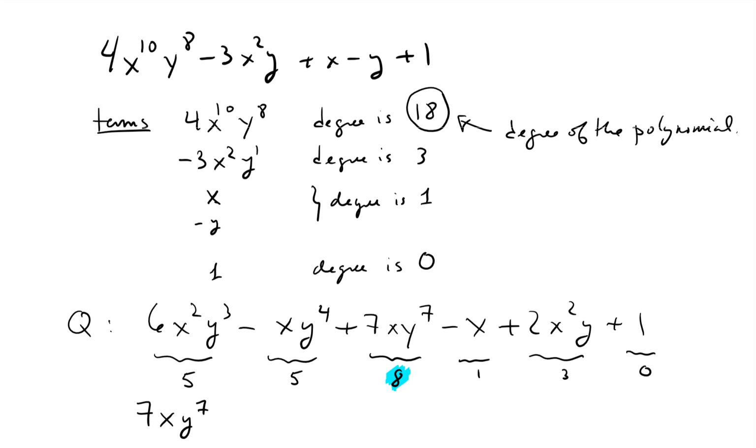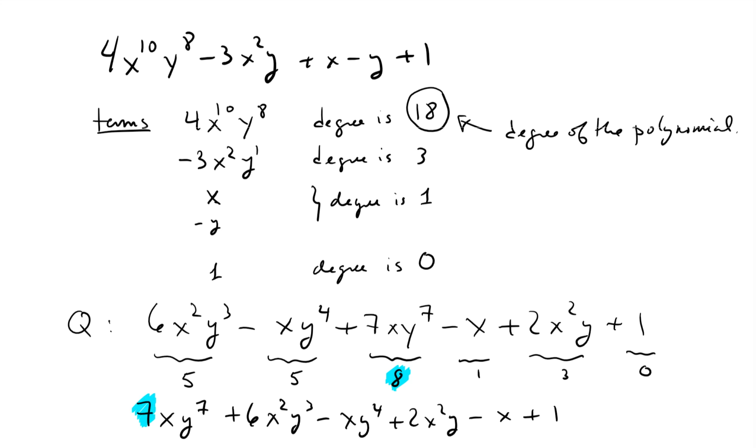And then after that I have 2 terms with degree 5, so I can list them in any order that I like. So maybe I can write this. And then I have 1 with a degree of 3, 1 with a degree of 1, and this. So I have a polynomial of degree 8.